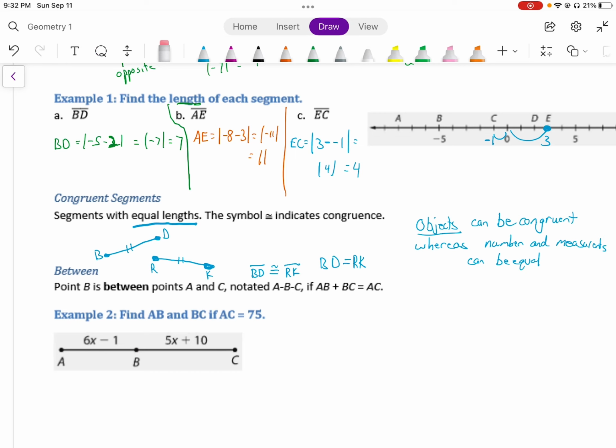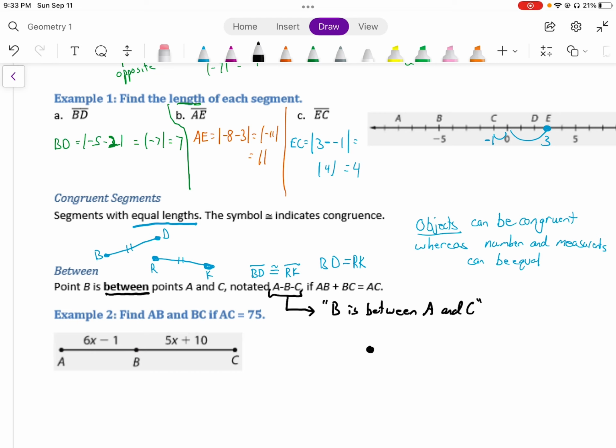So what this says, point B is between, sometimes we will actually say betweenness. B is between A and C with a notation of A hyphen B hyphen C. So we don't even read it in order. We say B is between A and C. That's how that symbol there gets translated, if AB plus BC equals AC.